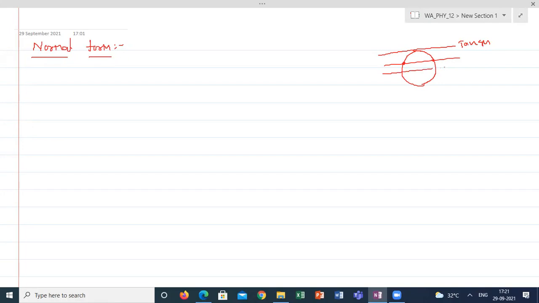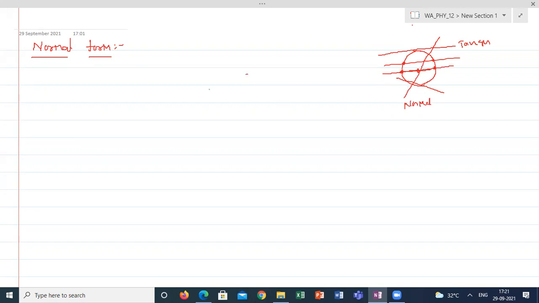And a secant passing through the center is called a diameter, the longest chord. A line drawn perpendicular to the tangent at the point where it is touching the circle is called the normal to that line. Normal means a line perpendicular to that particular thing.